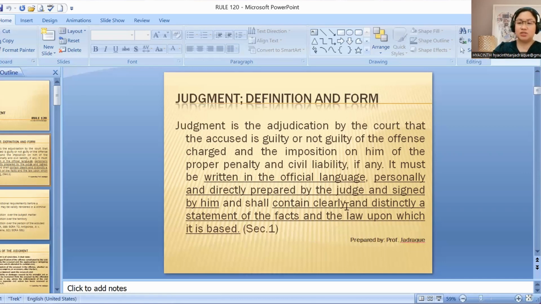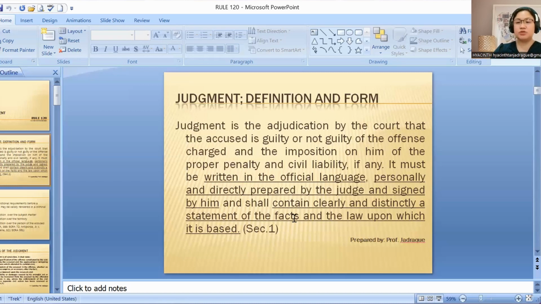What shall the judge state in the judgment? He will have a statement on the facts based on what is being presented by each of the litigants. Then, what was the verdict? What was the decision? Because you have to remember that the prosecution and the defense have conflicting arguments.